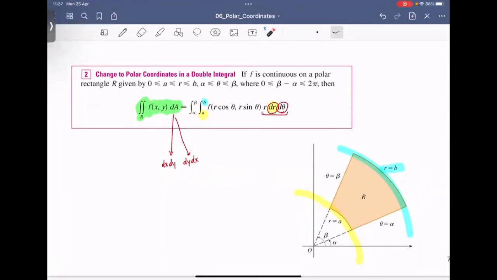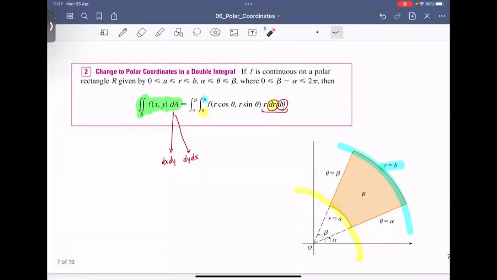And as you learned last week, the outside one is always numbers. It cannot depend on theta. It's going to be alpha and beta, just a number.